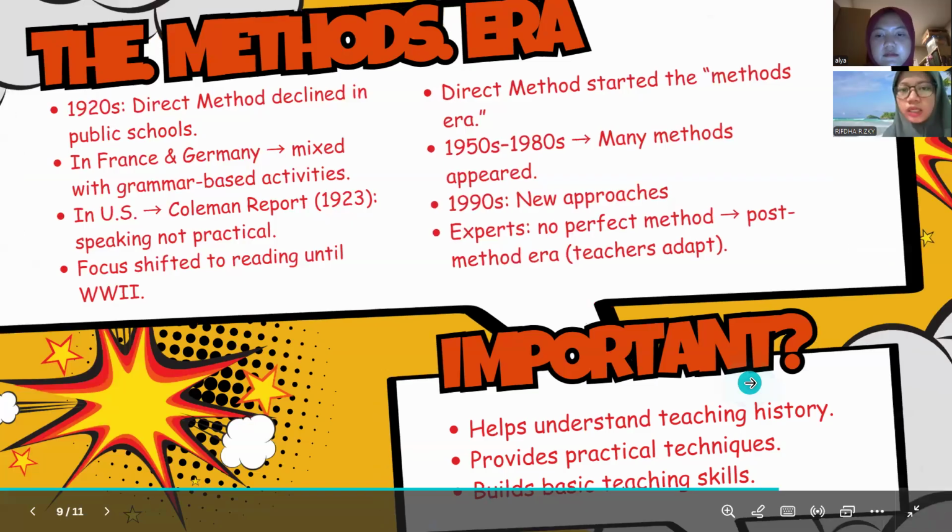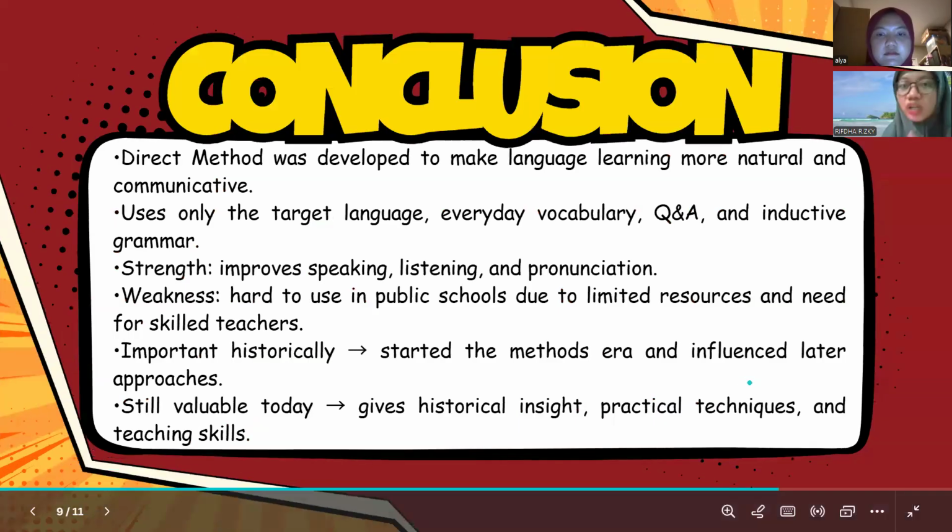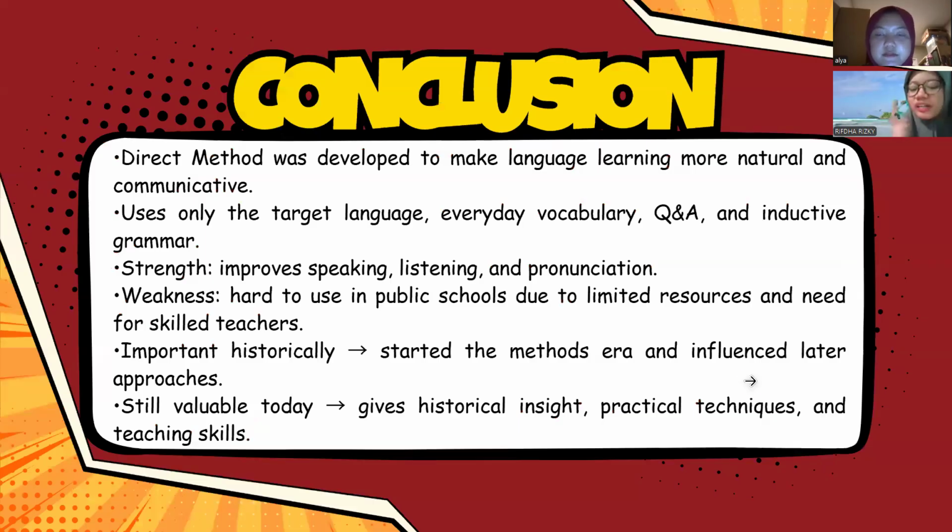The next slide is the conclusion. So, in conclusion, the direct method was created as a response to the weaknesses of the grammar translation method, seeking to make language learning more natural, communicative, and similar to first language acquisition.